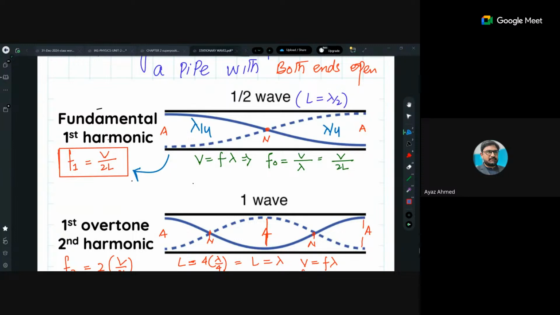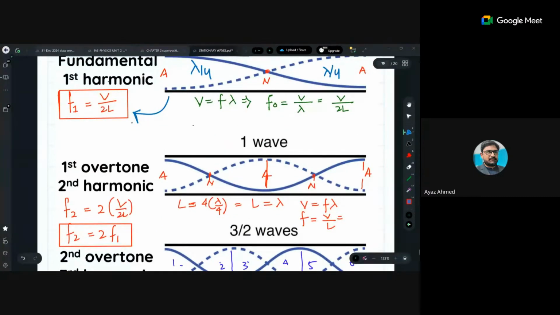The first overtone or the second harmonic is obtained when you have doubled the length. When you have increased the length two times, you got 4 lambdas, which means two half lambdas, and one complete wavelength.